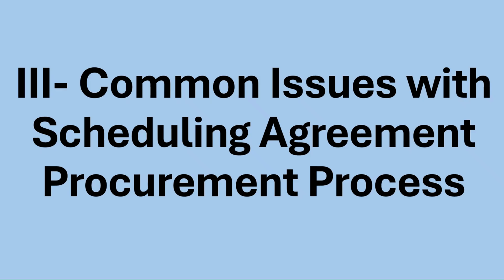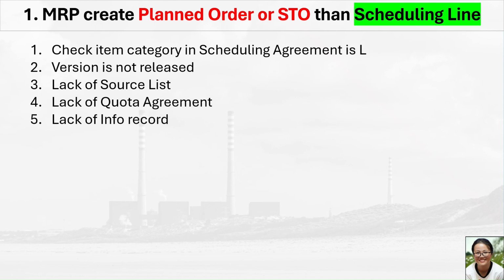The next one will be common issues with the scheduling agreement procurement process. The first one: MRP creates a planned order or STPO, then the scheduling line. I have a checklist for this. First of all, you need to check the item category.